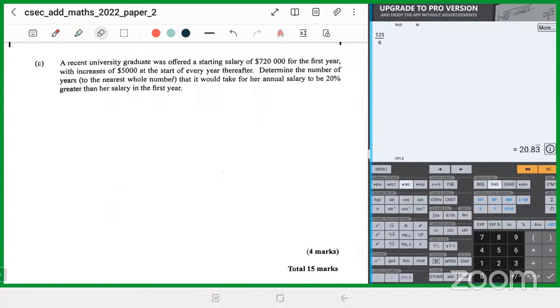And then I got 8,640,000. Million? No, sir. Increase this by 20%. I get 8 million. That's $720,000. If you increase that by 20%, you can't reach million.